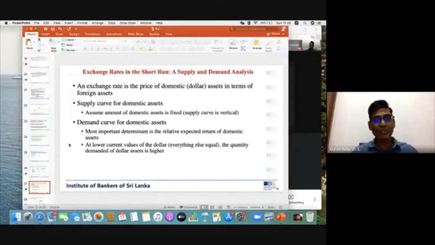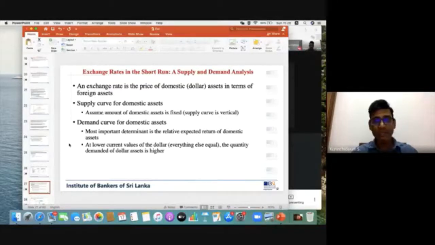So the supply curve for domestic assets, that means domestic assets, I assume here dollar. We always have the assumption that it is fixed. That means the supply curve is vertical. I think previously we also discussed domestic money supply.